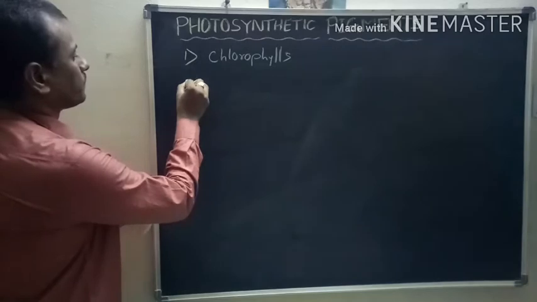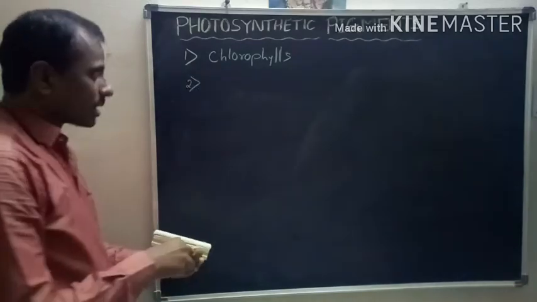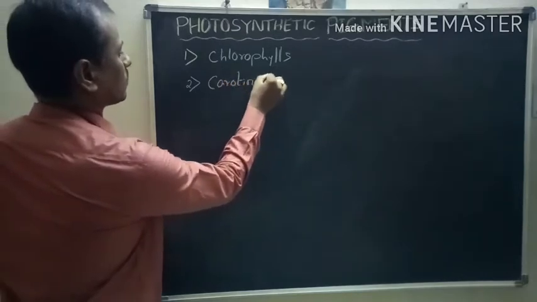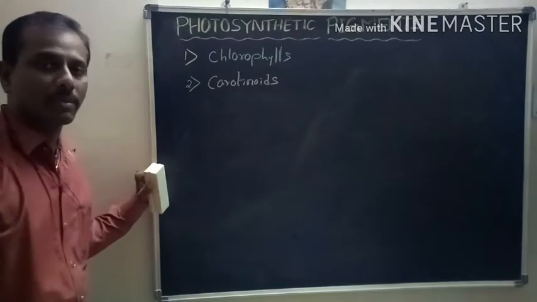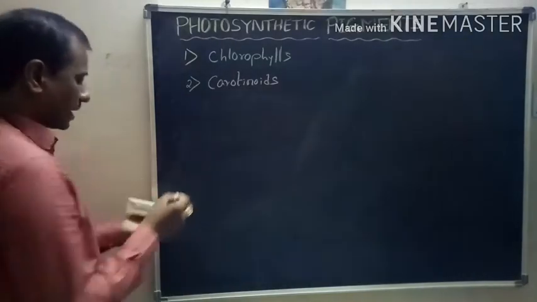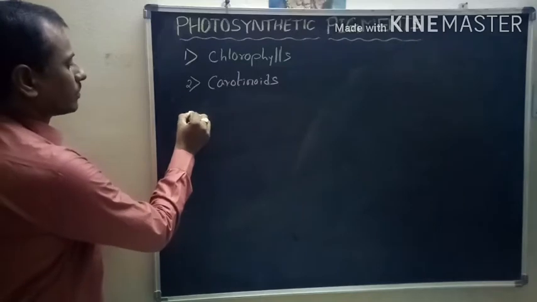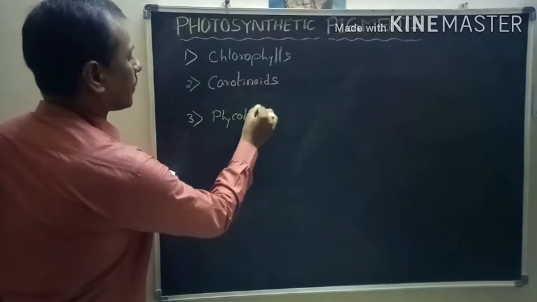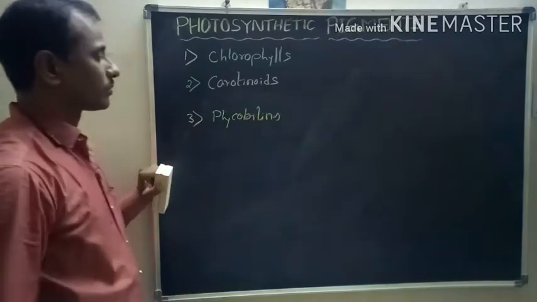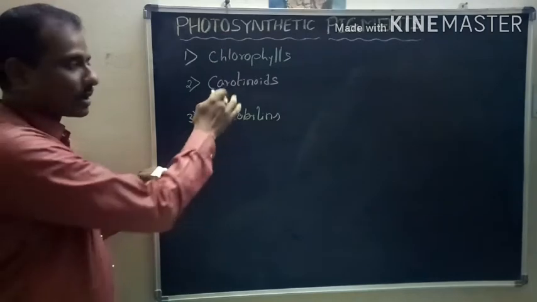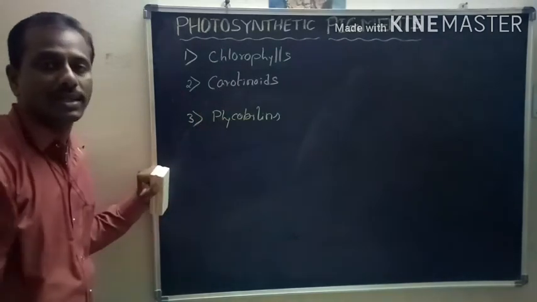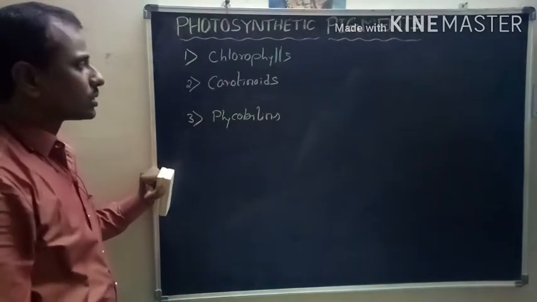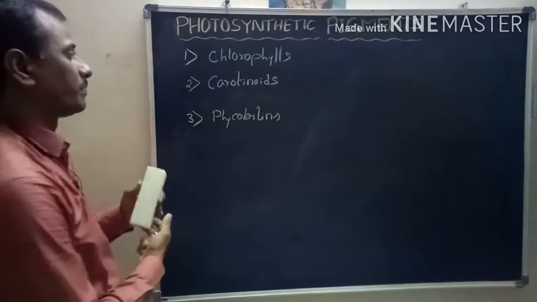Second is carotenoids. And the third is phycobilins. Chlorophylls, carotenoids and phycobilins are the pigments present in plants. So we will discuss them one by one clearly.